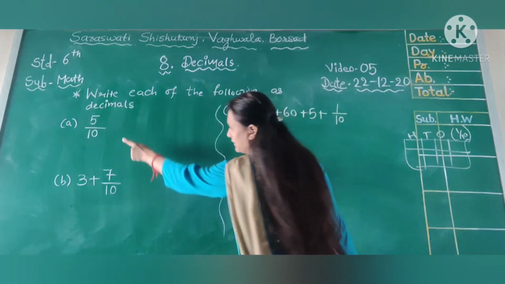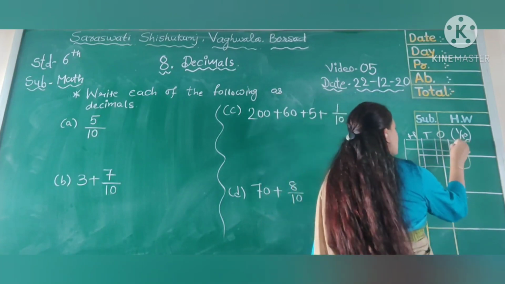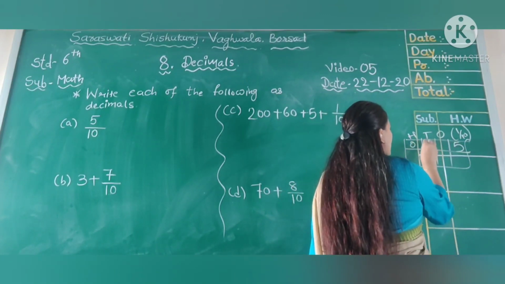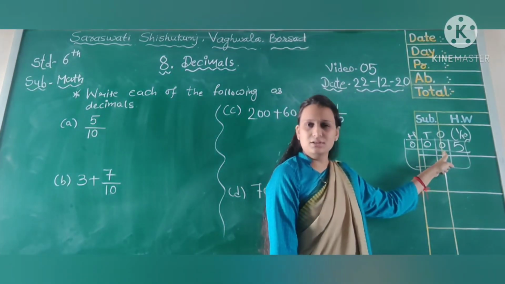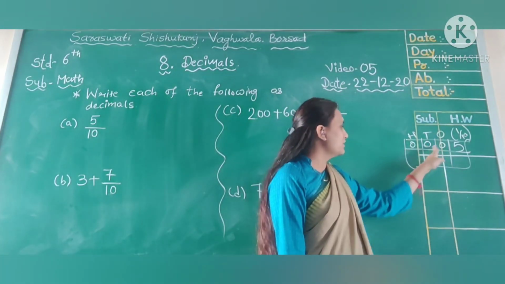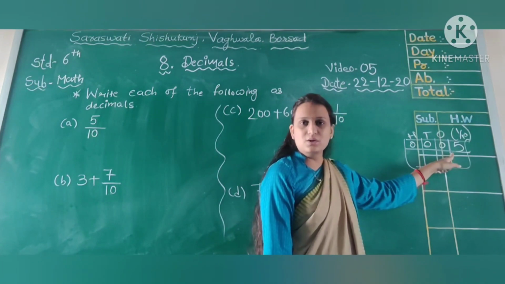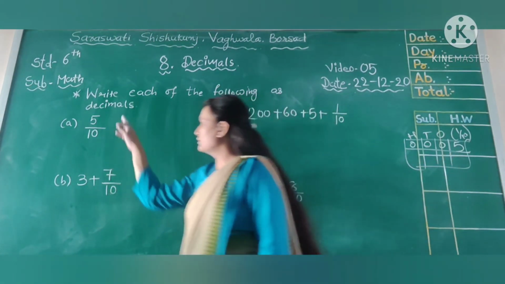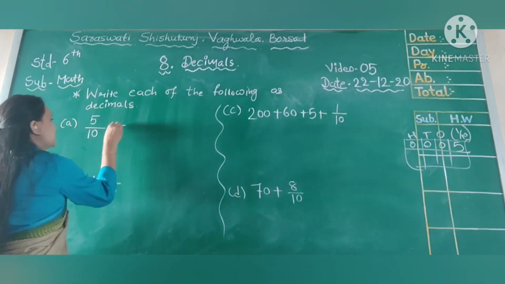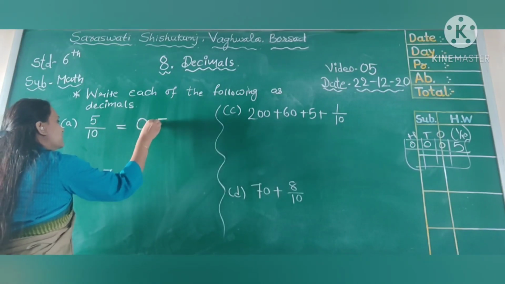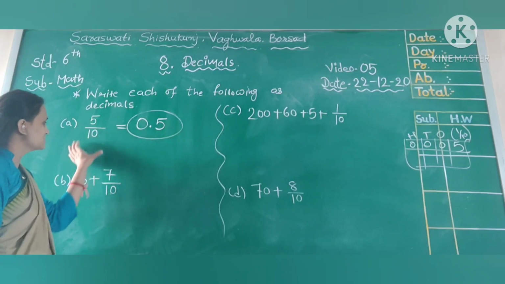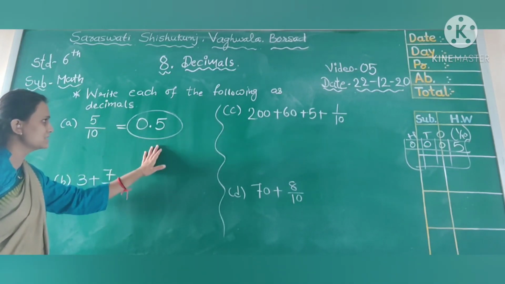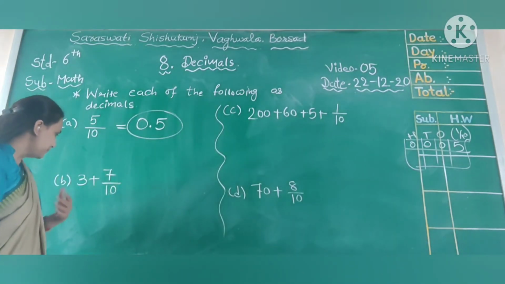So we have to write 5 at the tenths place. There is no 1s, 10s or 100s, so we have written 0, 0, 0. So how can you represent the given number? 0.5. So 5 upon 10 can be written as 0.5. Here a fractional form is given, so we have to represent it as a decimal number.